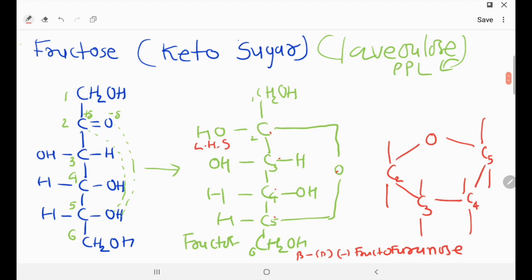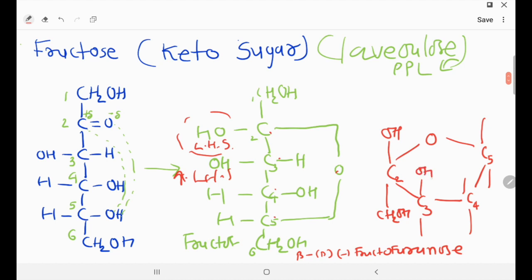Now how will we place these groups here? It's a very important thing, so watch all of it very clearly. On the second carbon OH is on the left hand side, so put it above, and there will be CH2OH. On the third carbon OH is on the left hand side, so put it above.